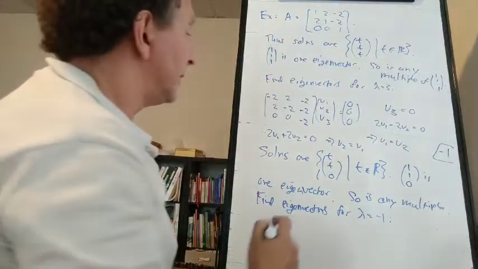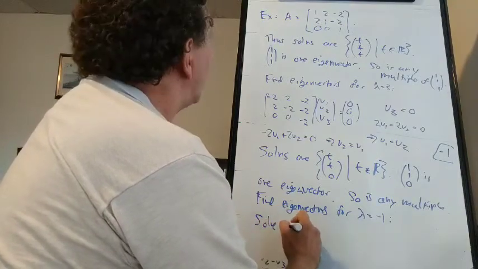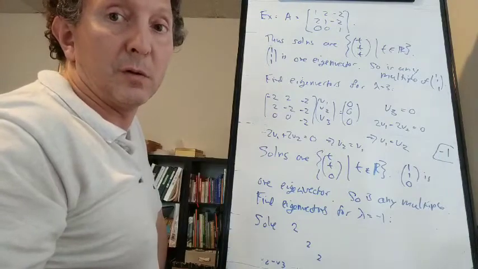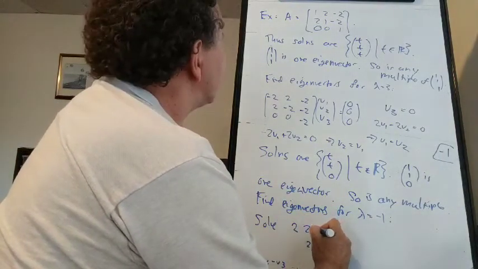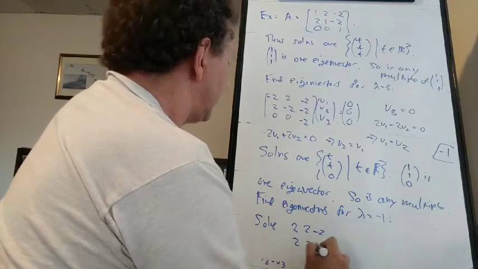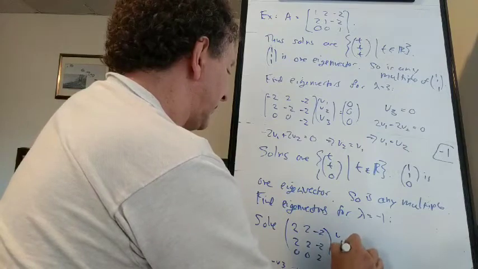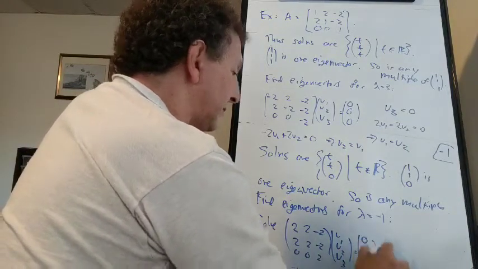is adding 1. So we'll solve, two diagonal entries are 2. Copy the other entries, negative 2, 2, negative 2, 0, 0, v1, v2, v3 equals 0, 0, 0.